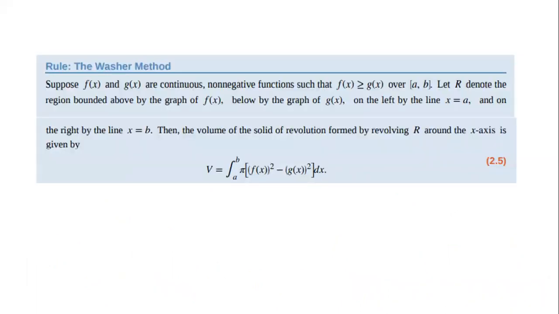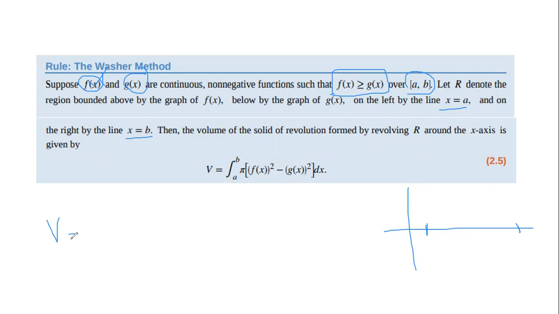Again, elaborating the washer method: there are two functions, f of x and g of x, such that f of x is greater than or equal to g of x over an interval a to b, with x equals a and x equals b lying on the x-axis.